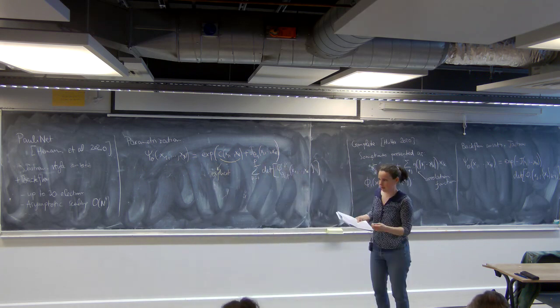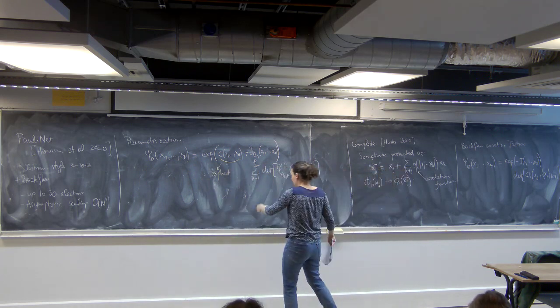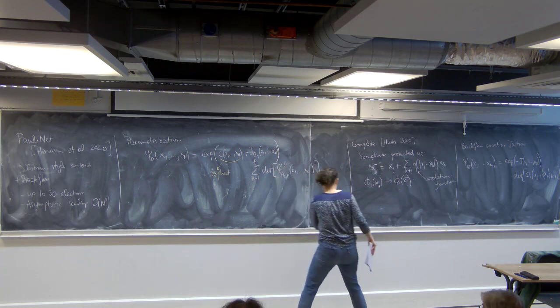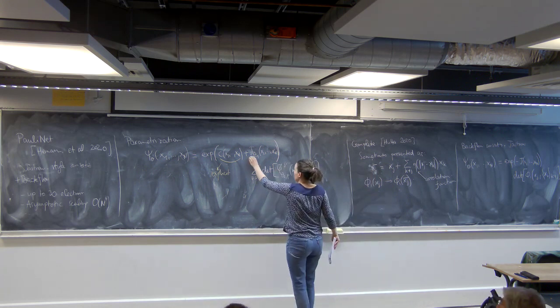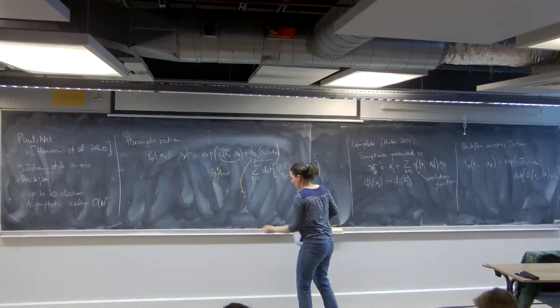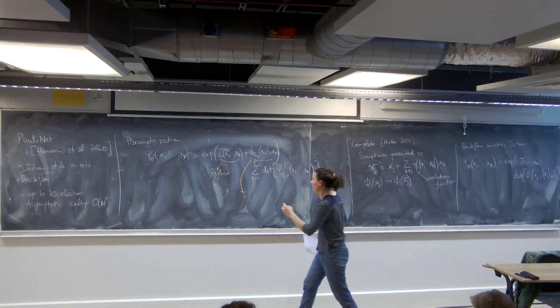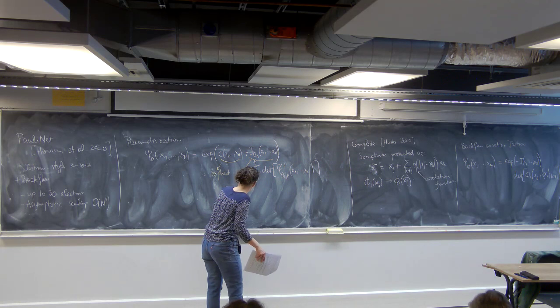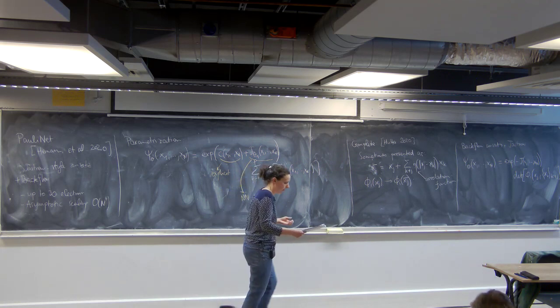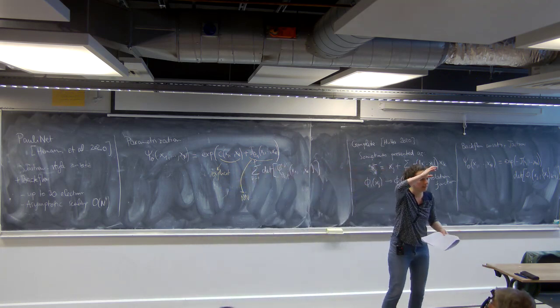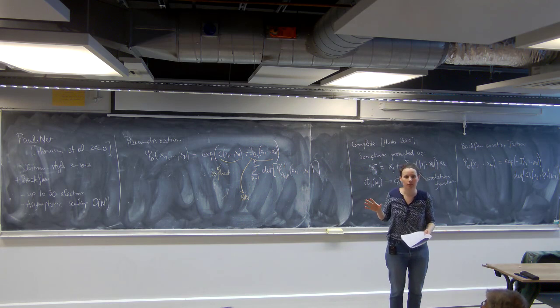Then they have a Jastrow factor, and this Jastrow factor is written as a neural network, based on the message passing neural network SchNet.